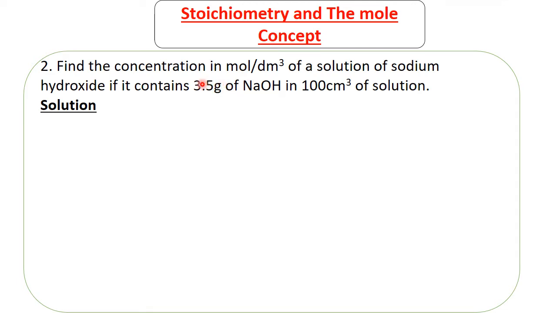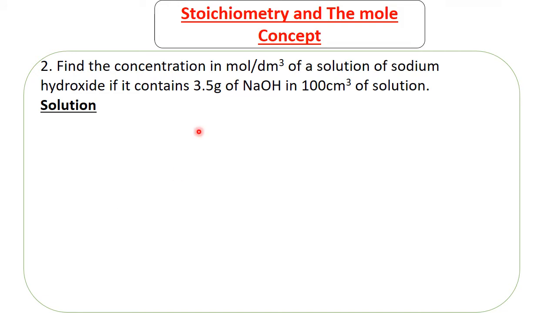So this mass has to be changed to moles. Again, the volume they have given us is not in decimeter cubed, it is in centimeter cubed. So this has to be converted to decimeter cubed. That's when we can apply the formula for molarity, or concentration in moles per decimeter cubed.